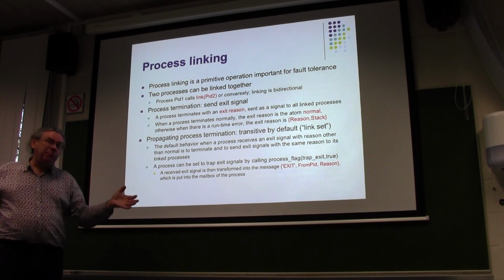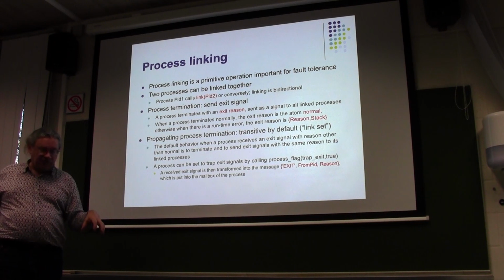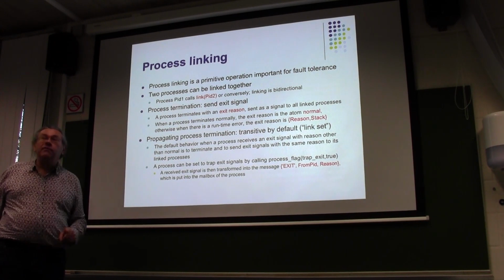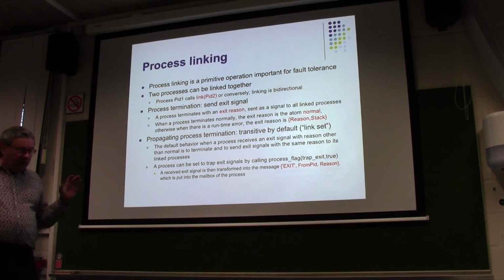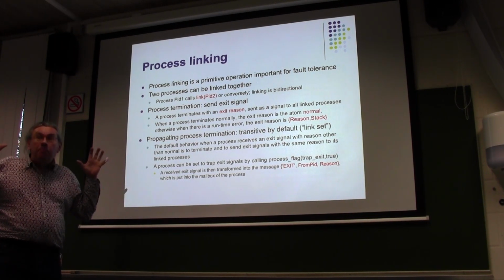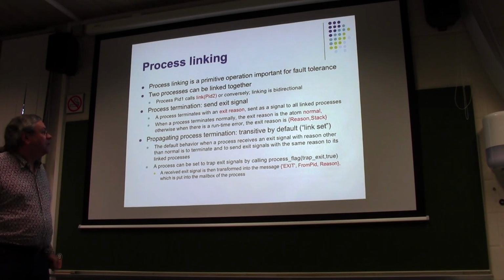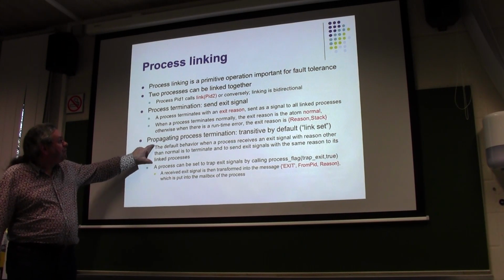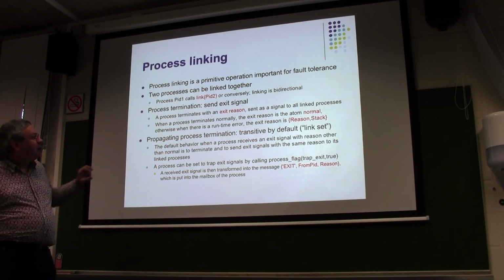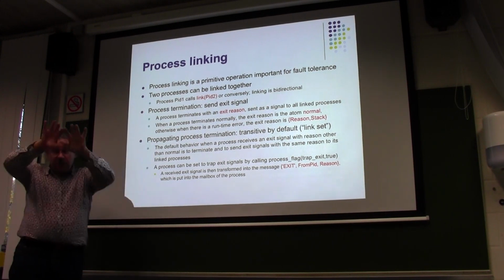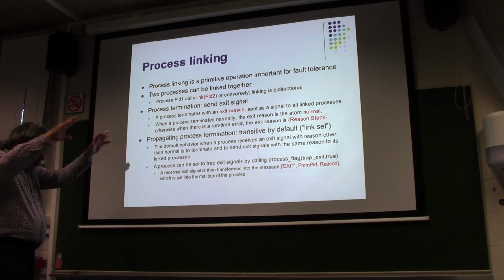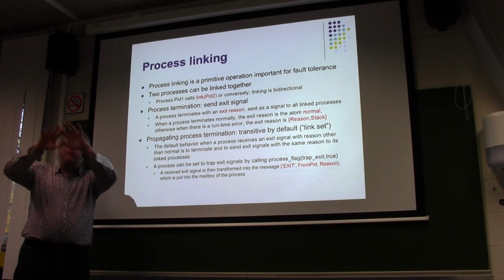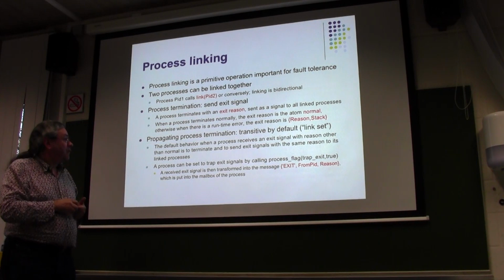Maybe you have 100 processes linked together and one of them crashes. Well, you force all of them to crash. So basically you map the failure to some global, simple failure state. So that's the default behavior. The link set is basically making failure uniform for all the processes.